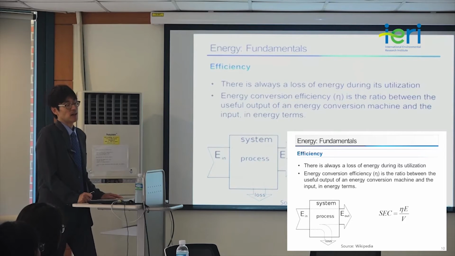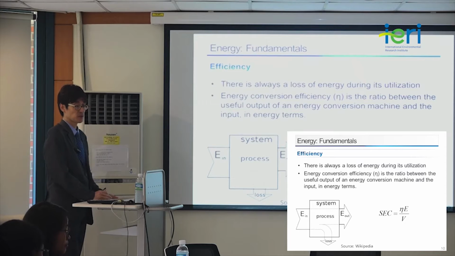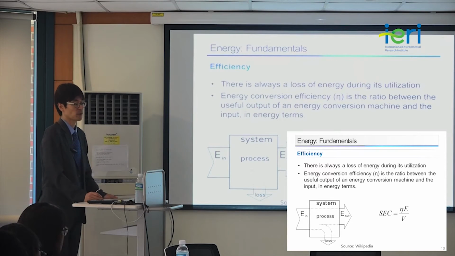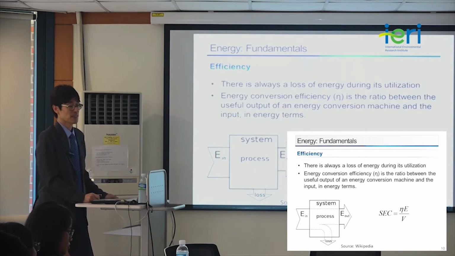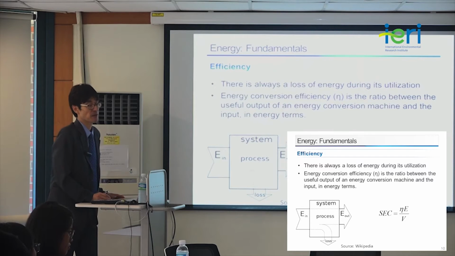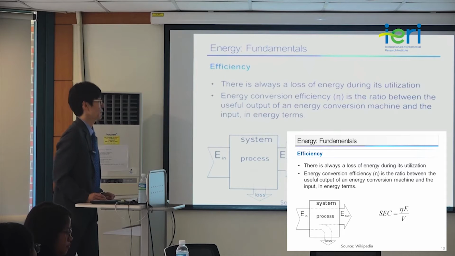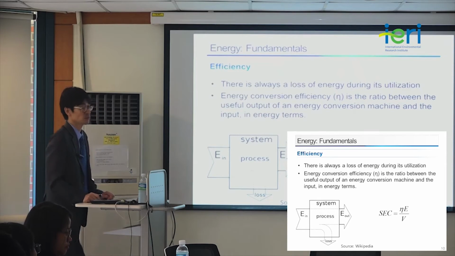And then, since we are living in a real world, not an ideal world, we have to consider the discrepancy between ideality and reality, which is called the efficiency. Efficiency means that in the real world, we always lose some energy during operation or transfer. So there is always a loss of energy during its utilization.